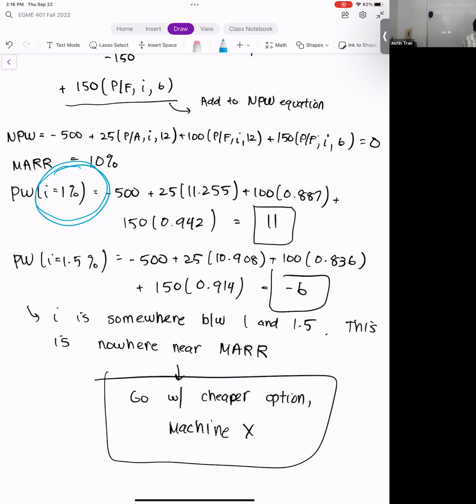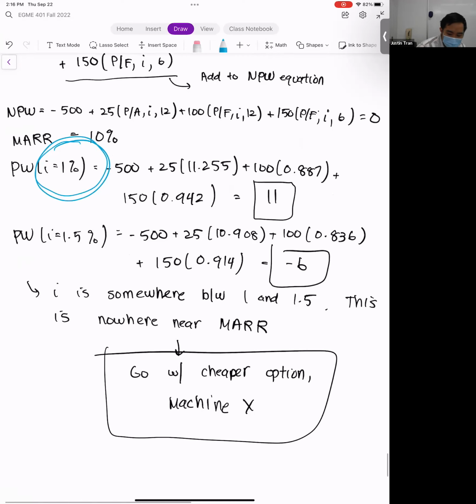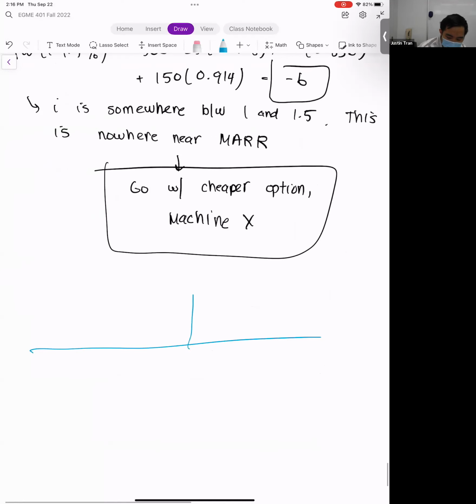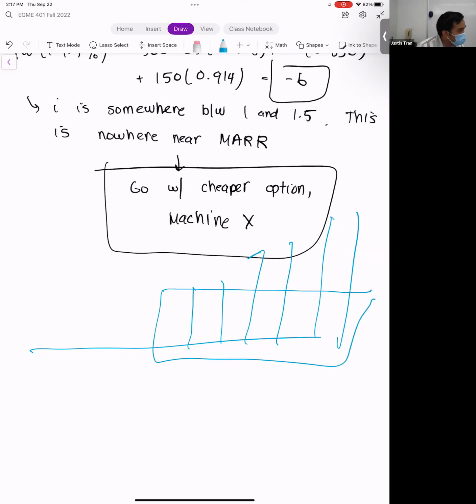You'll see me do this a lot. Actually, look at homework 2. There's one problem where I gave you a uniform series for 2 years, and then it increases. What I did was assume there was a single uniform series that goes all the way through at this level right here, and then I just added whatever the increment was. So there's lots of different ways you can do it.